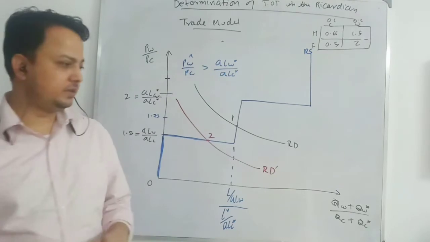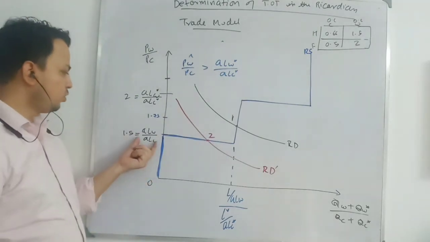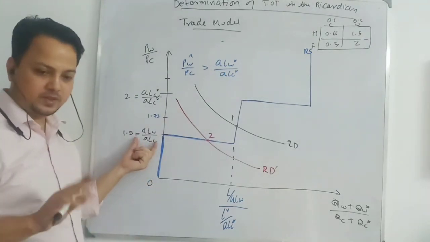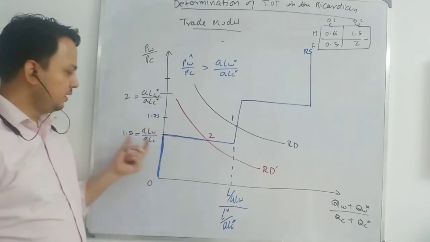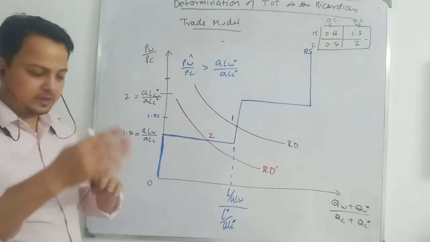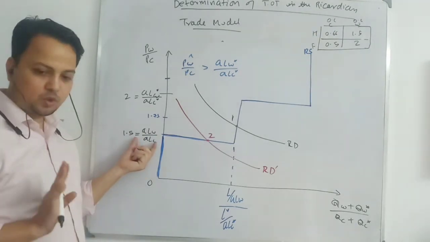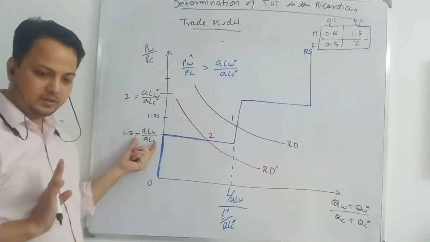What is my terms of trade? Terms of trade is equal to the opportunity cost of producing wine in the home country, right? Our relative demand is such that the terms of trade that I am getting after trade is equal to the opportunity cost of producing wine. Everyone agree?